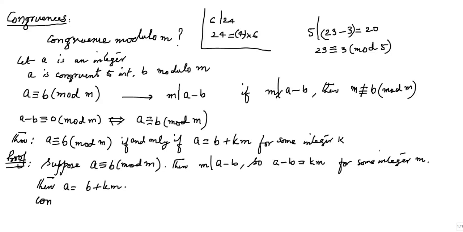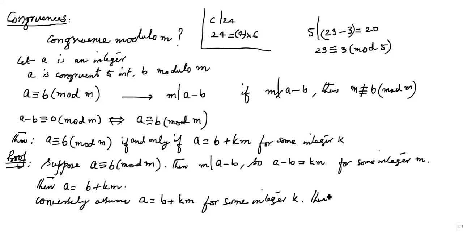Okay, so now we have to prove the converse of the theorem as well. So conversely, assume that A equals B plus Km for some integer K. So this part is also very easy. Then if A is equal to B plus Km, we can write A minus B equals Km.